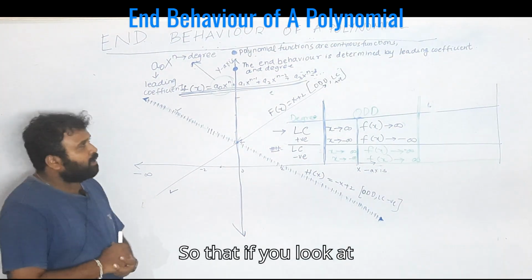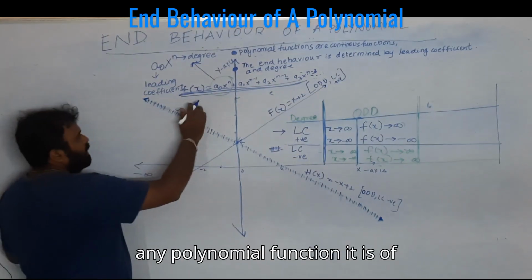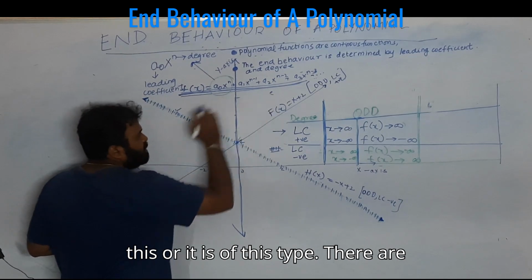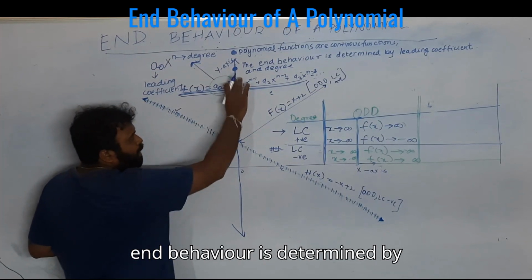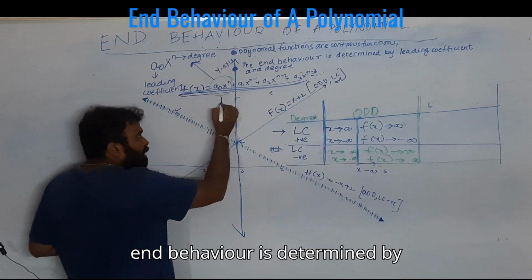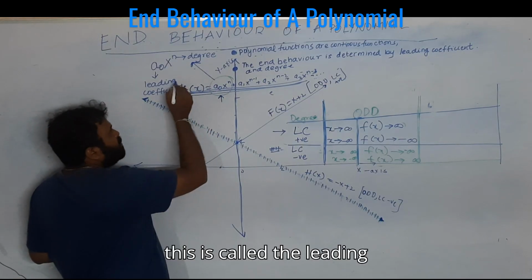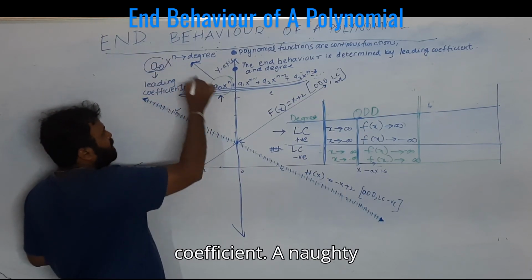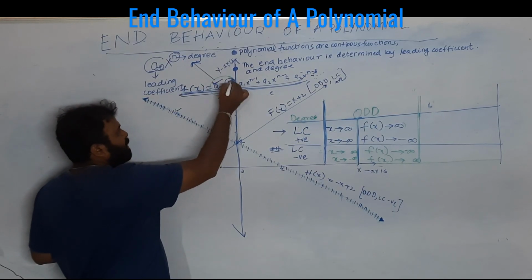If you look at any polynomial function, it is of this type. These are continuous functions, and the end behavior is determined by this term. This is called the leading coefficient a0, and this is the degree.